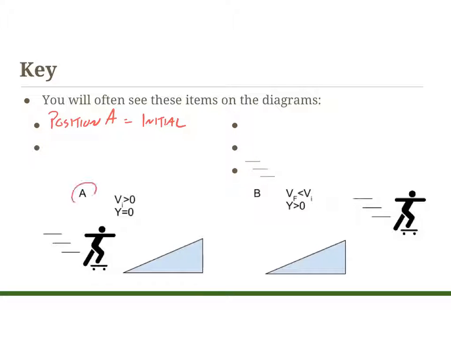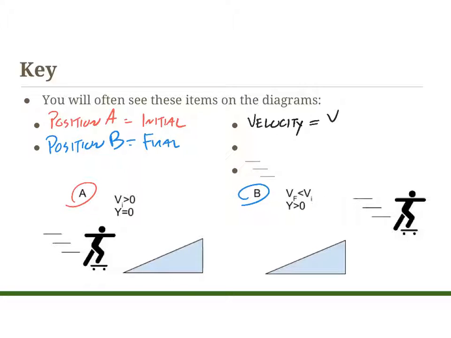So this would be position A, and then we'd have position B, which is final. You might also see velocity, which would be represented by a V. And you might also see a Y, which is height, like on the Y-axis.